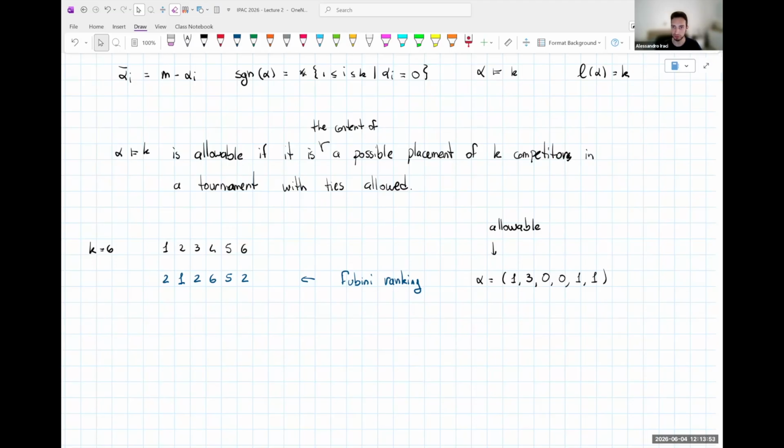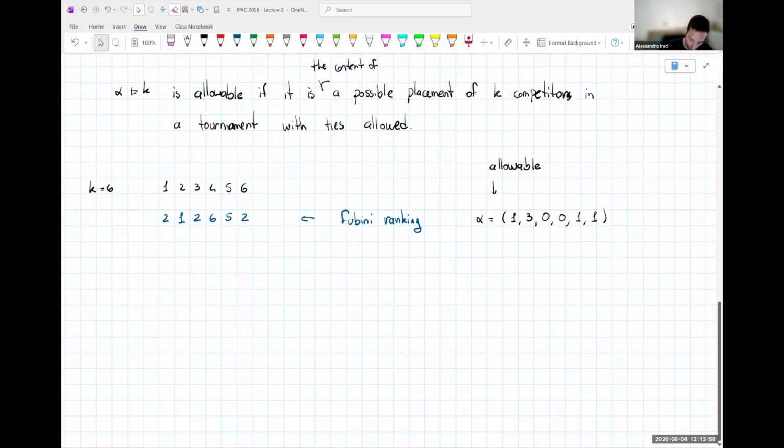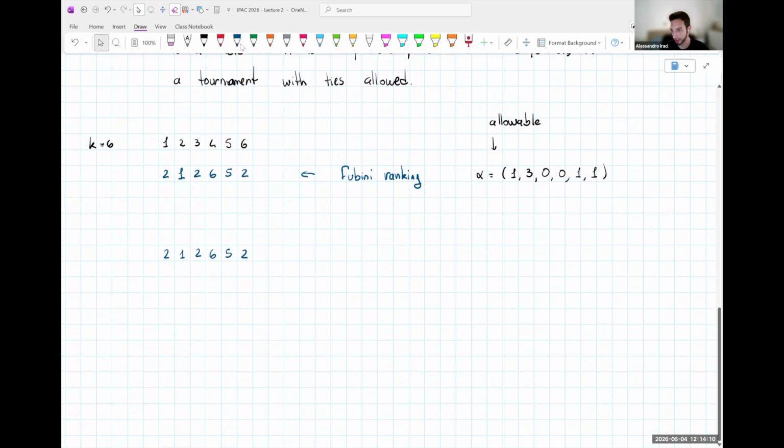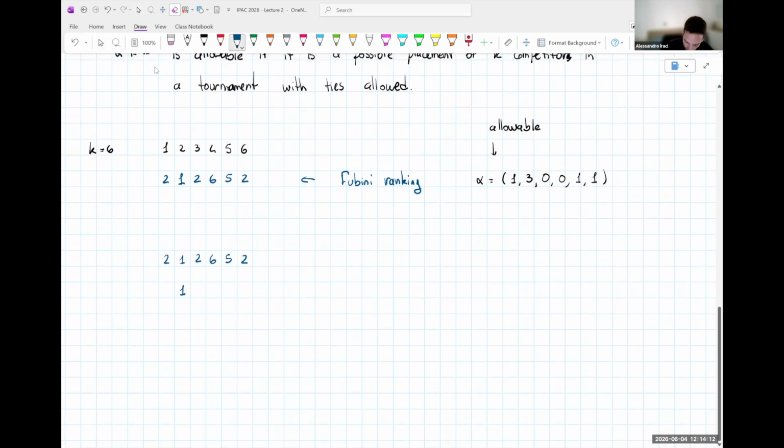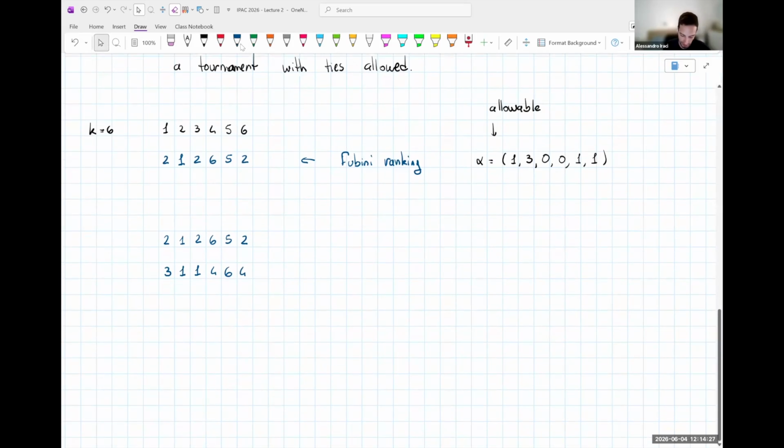Let's do a bunch more examples of this, because then we need to write an involution on these objects. So one example is this word here. Another example, say, competitors 2 and 3 tied for first, competitor 1 ranking third, and then 4 and 6 tied for fourth, then 5 that is sixth.